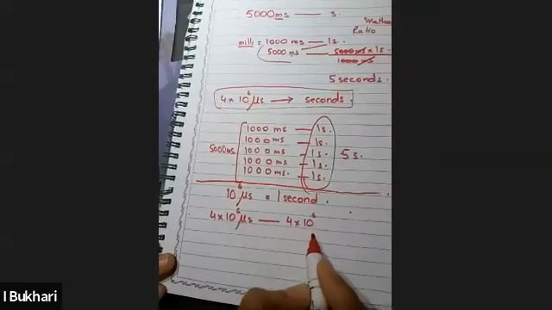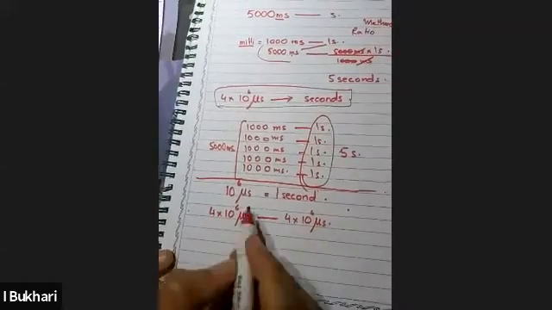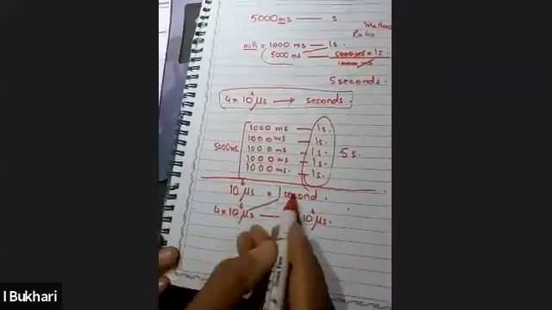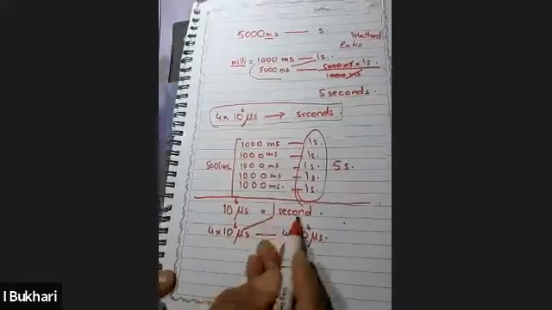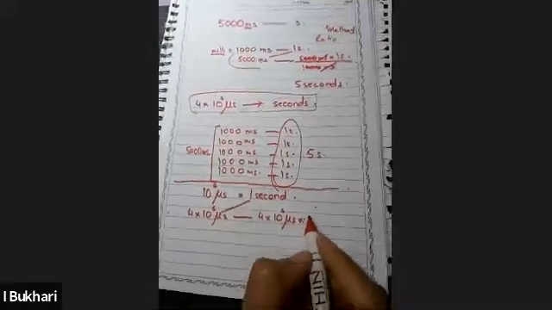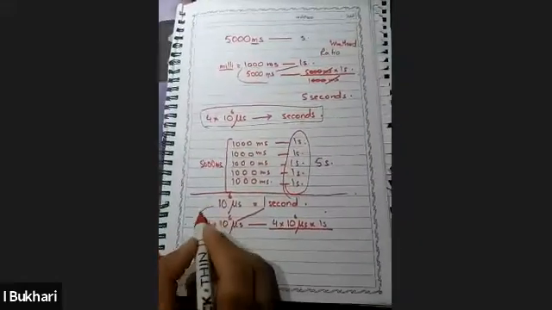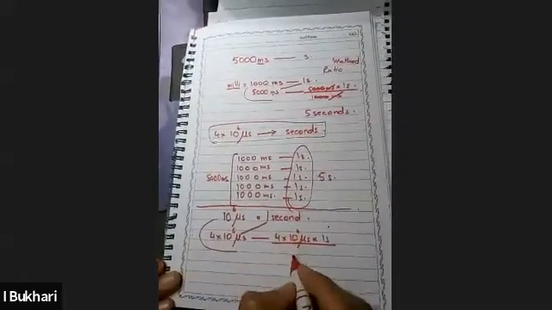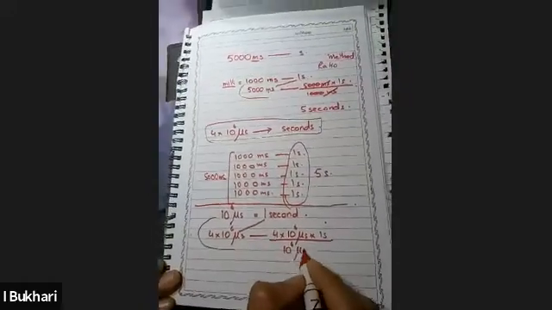If I have to multiply, first I have to multiply 10 to the power of 6 with 4, and then I have to take out the seconds, yes? We will cross multiply the numbers which are across from each other, and what is left, we will divide by 10 to the power 6 microseconds.